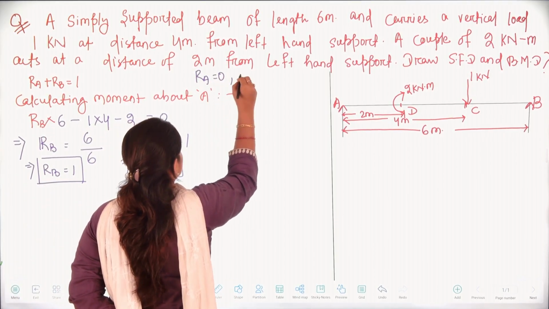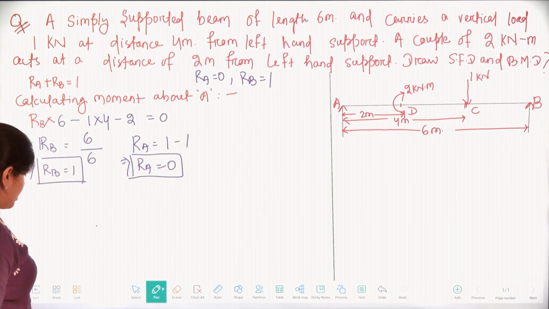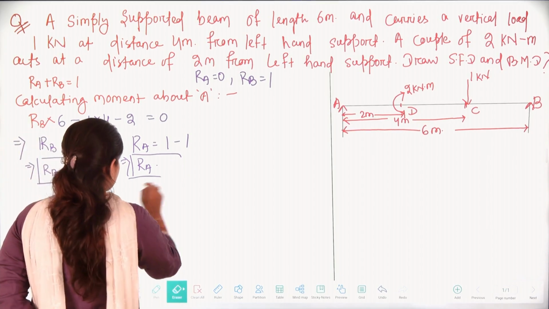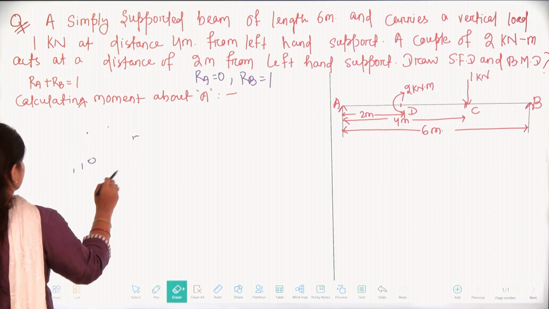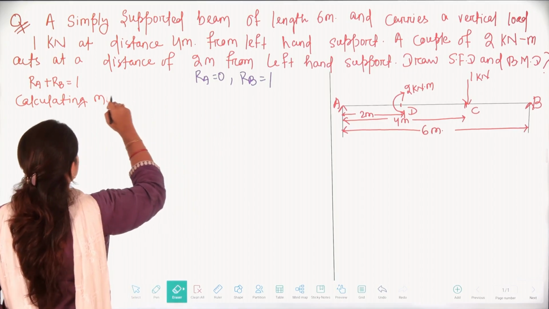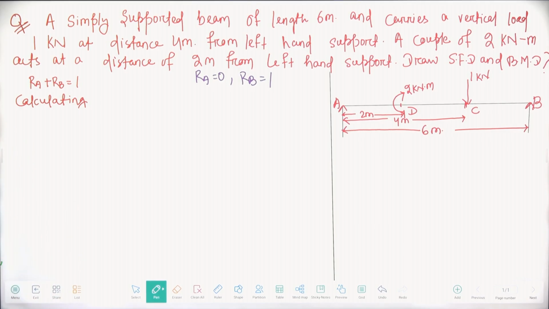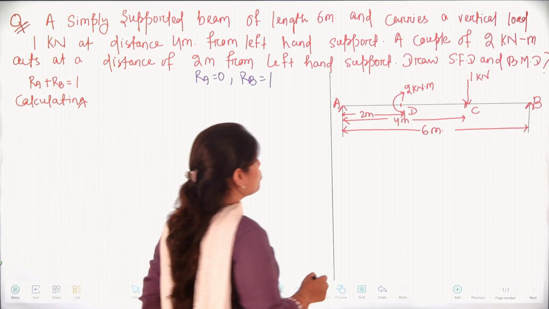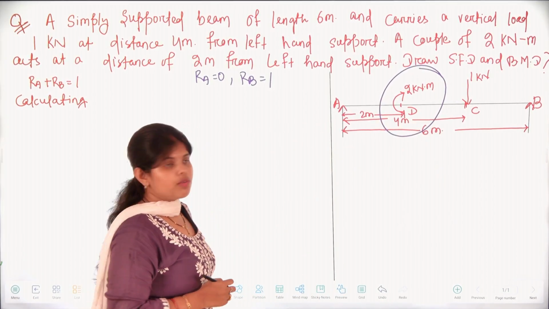RA will be 0 and RB will be 1. Now what we will do? Now our work is to find out shear force first. We know that in case of couple, there will be no changes of shear force. So these 2 kilonewton into meter, there will be no changes in case of shear forces.